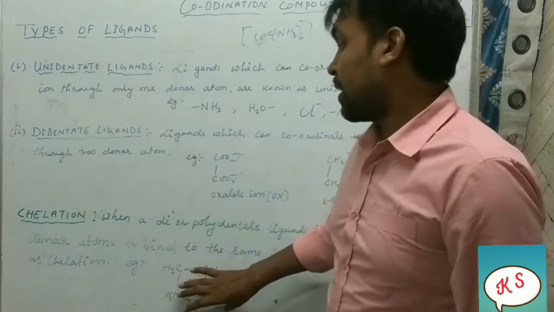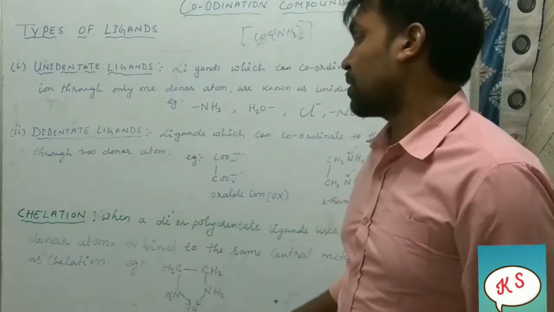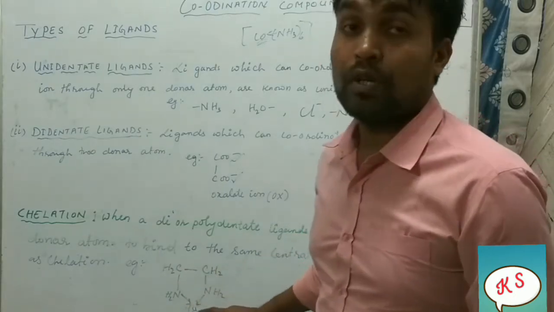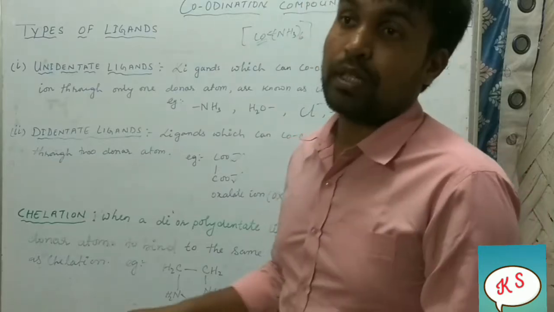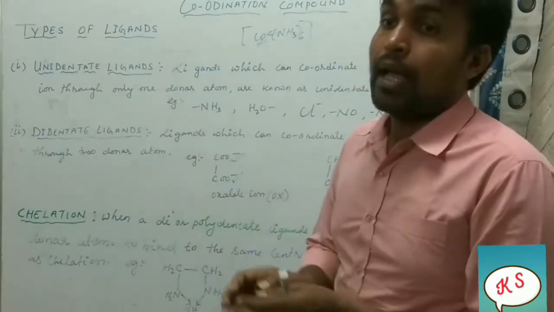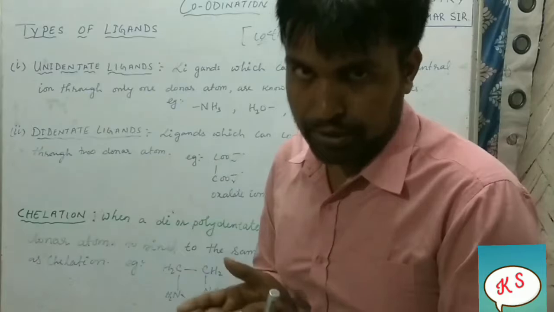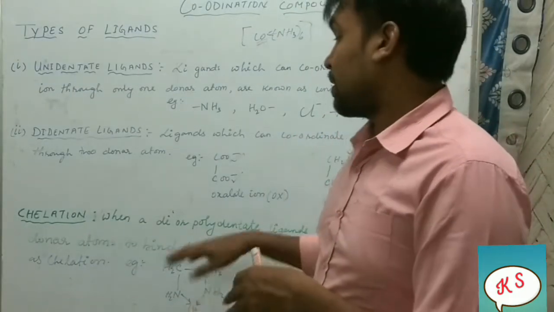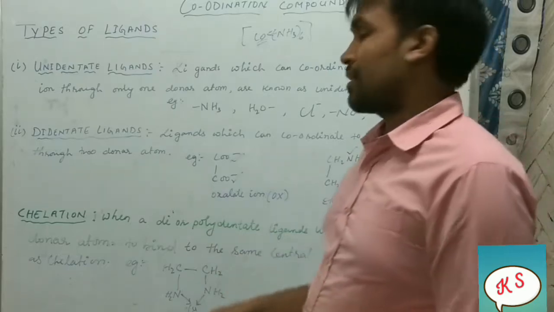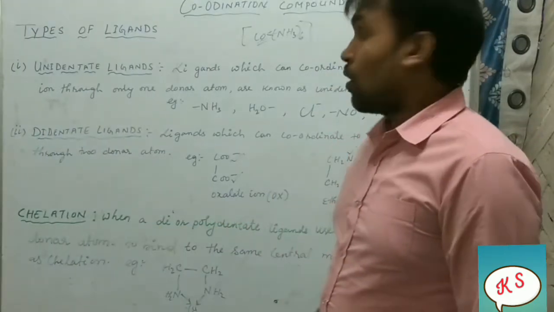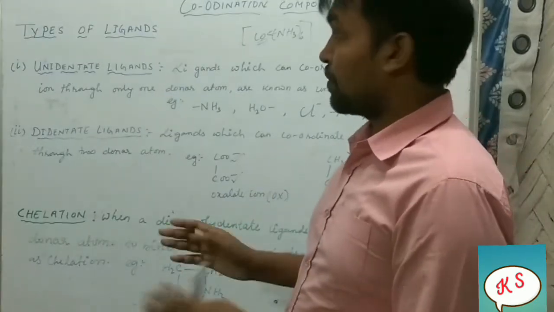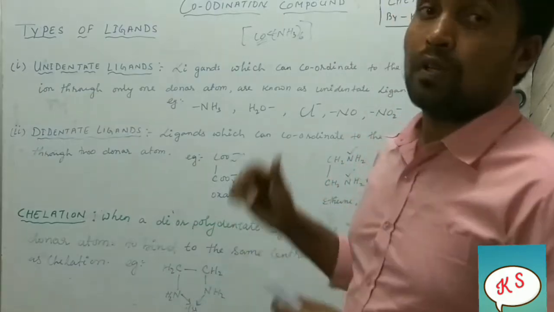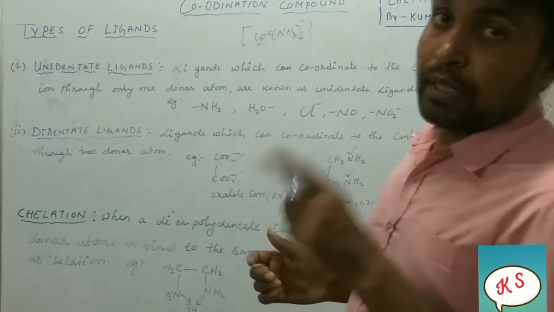These kinds of ligands we call chelating ligands, and the process we call chelation. Hope it is clear to you. If you have any doubt, feel free to ask in the comment box.